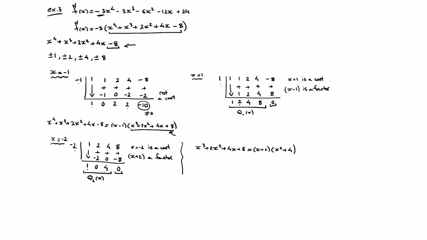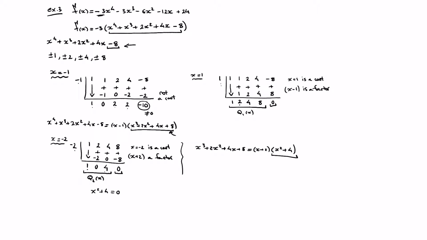Now our last step really is to factor this polynomial q2 of x, which I've just underlined. But now we can see right away that x squared plus 4 doesn't have any roots, since indeed x squared plus 4 equals 0 has no real solutions. What this means is that we stop here, and in fact our job's done.